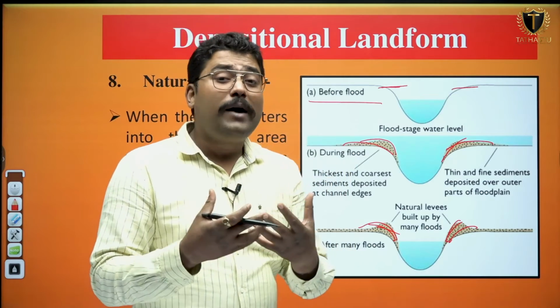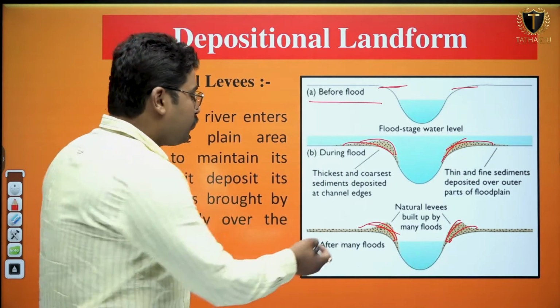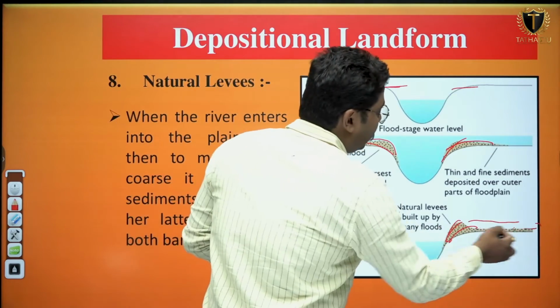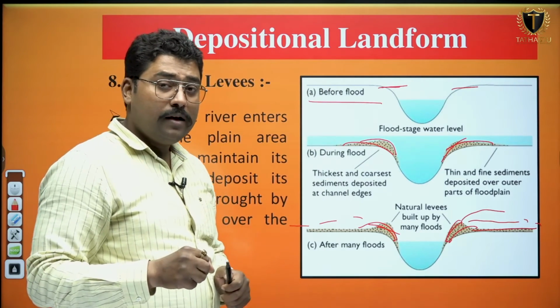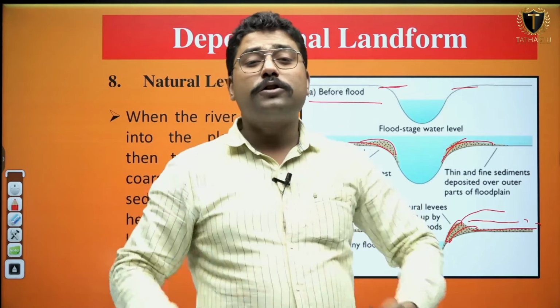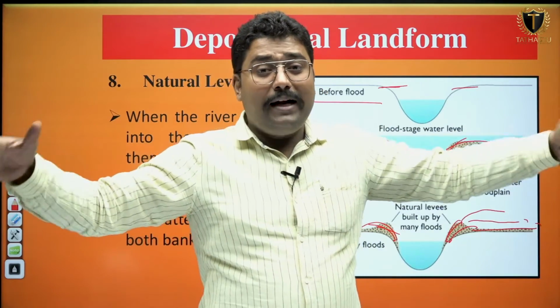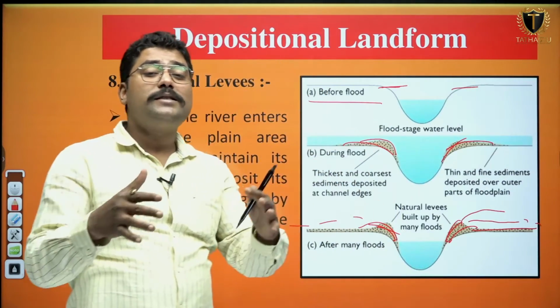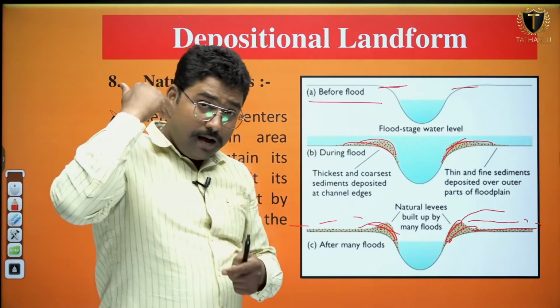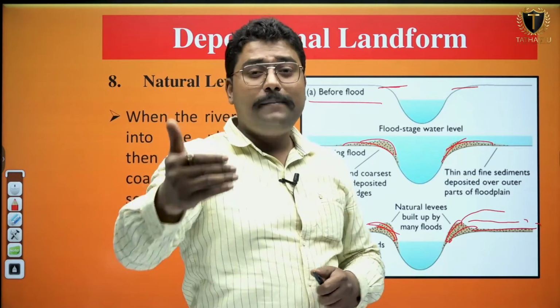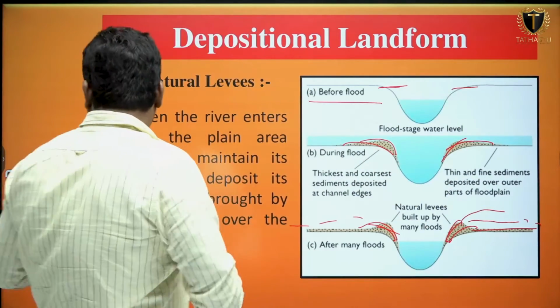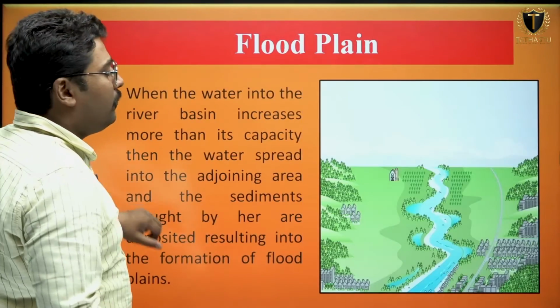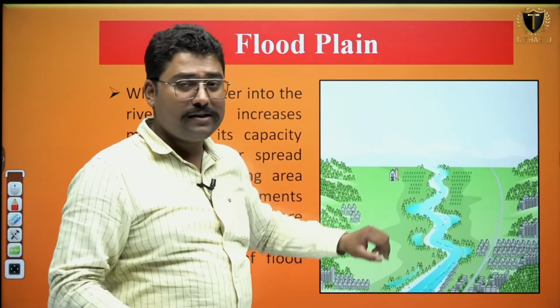Now the water will increase, and it is going to spread in the adjoining areas, which we consider a flood. So the sediment will also spread, and after the occurrence of a flood, the sediments which are deposited on both sides in the catchment area will be considered the floodplains, as you can see.